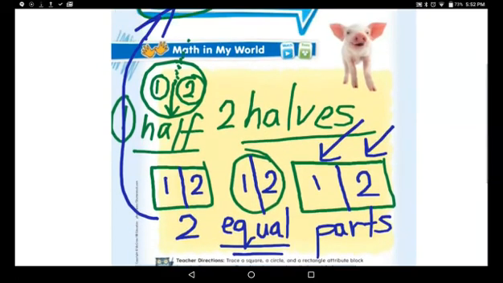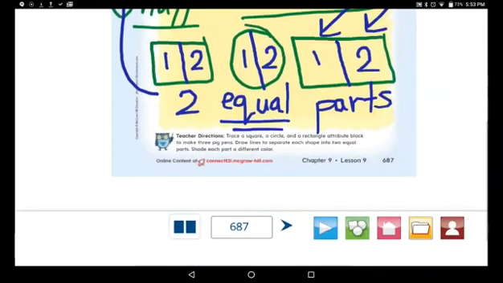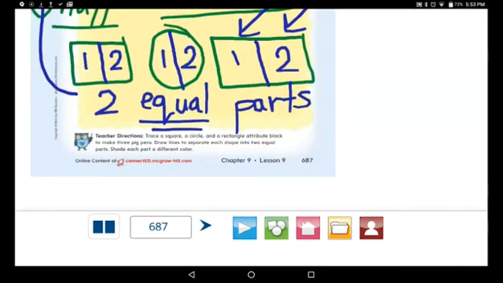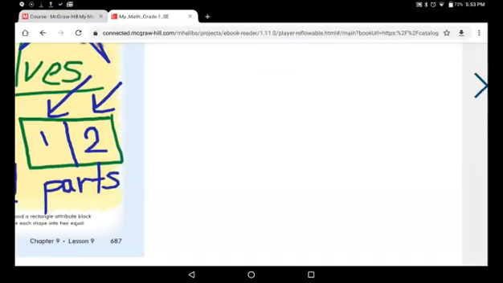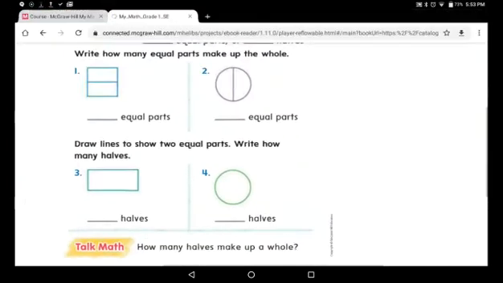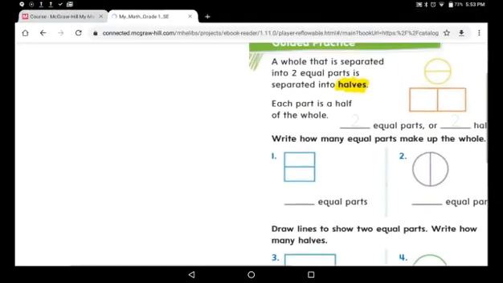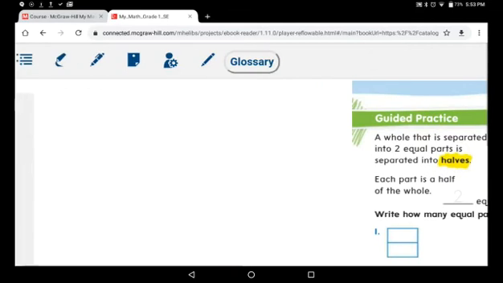So put a big star now and move to the next page. Page 688. Here we go, page 688.